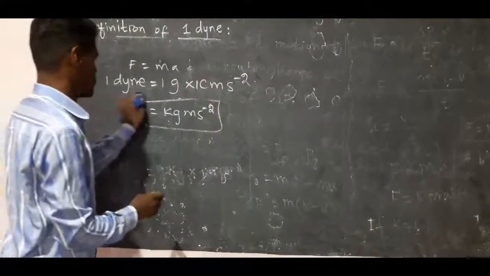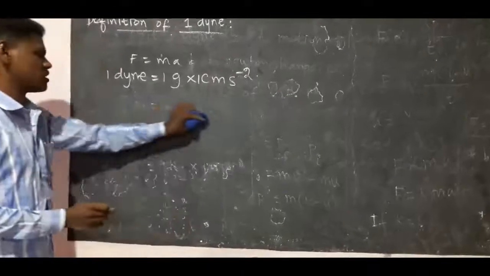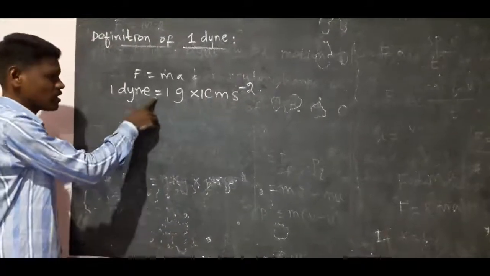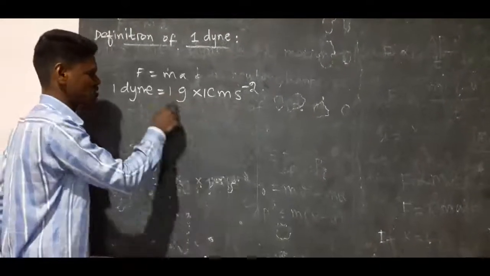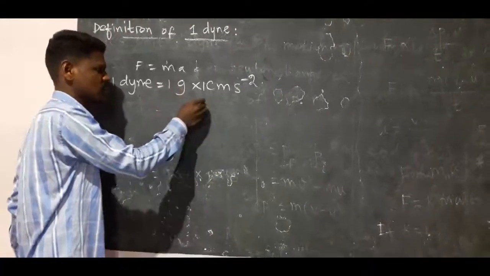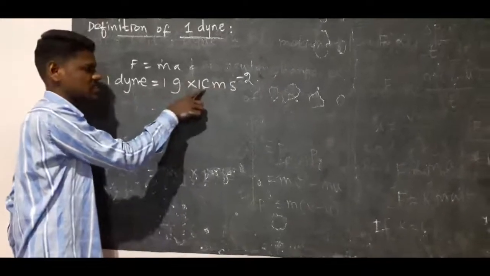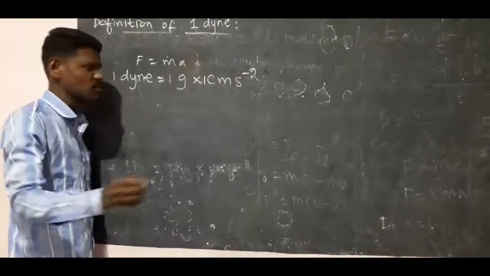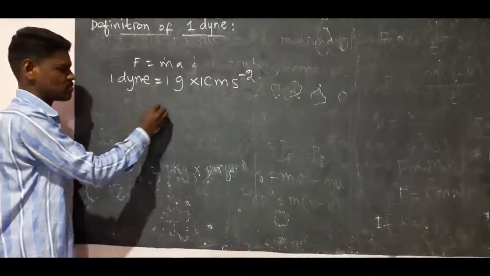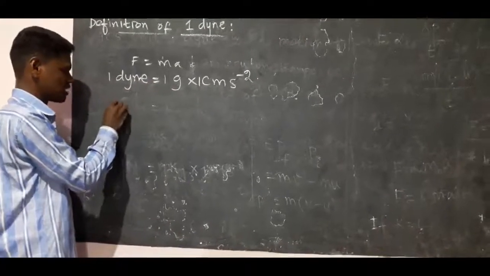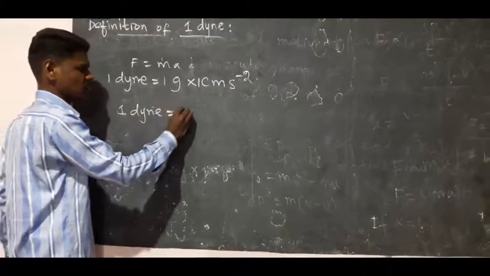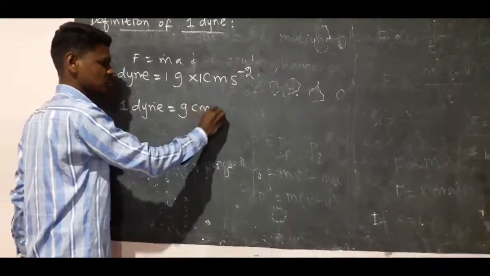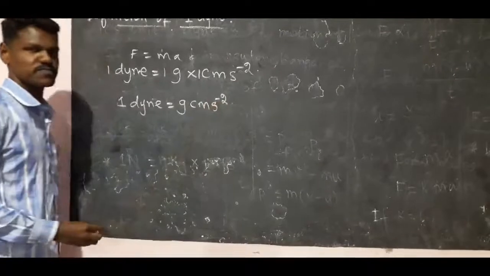So how can we write 1 dyne? 1 dyne: 1 gram mass of the substance or object, to produce acceleration 1 centimeter second minus 2, is called 1 dyne. So we can write 1 dyne as gram centimeter second minus 2.